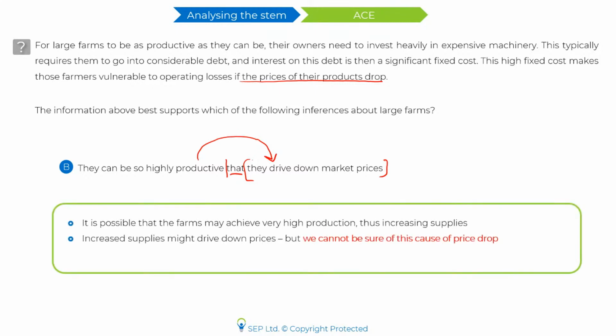This choice might be true, because a lot of production means an increase in supply, which could drive down the market price, but we cannot infer that from the given data. So B, although it might be true or might not be true, is definitely not an inference. We cannot be sure of this cause of price drop. So B is definitely out for me, and it's out for good.